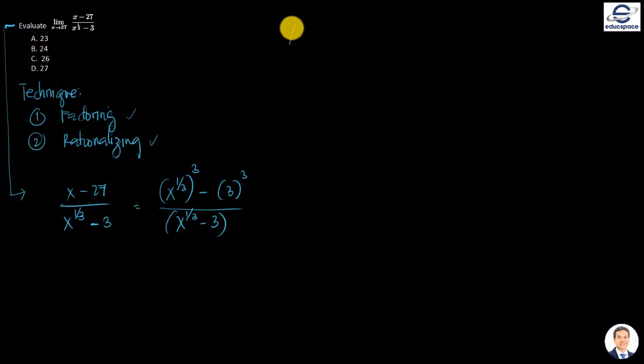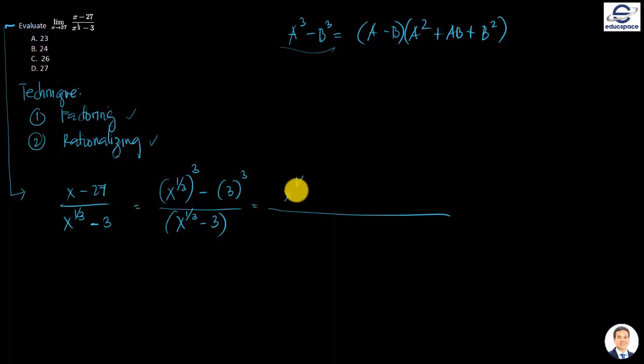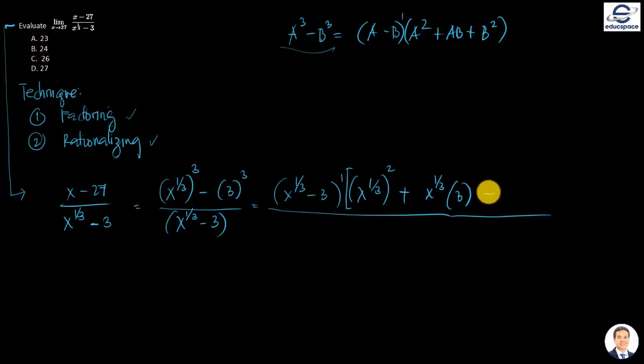Take note, from algebra we have this relationship. If we have a cubed minus b cubed, this is the same as a minus b times a squared plus ab plus b squared. So I will do it here. For the numerator, x to the 1/3 minus 3, I will keep the exponent as 1, and then here we have x to the 1/3, this is our a, then we have to square this one, plus x raised to 1/3 times 3, and then plus, of course, b squared, which is 3 squared.